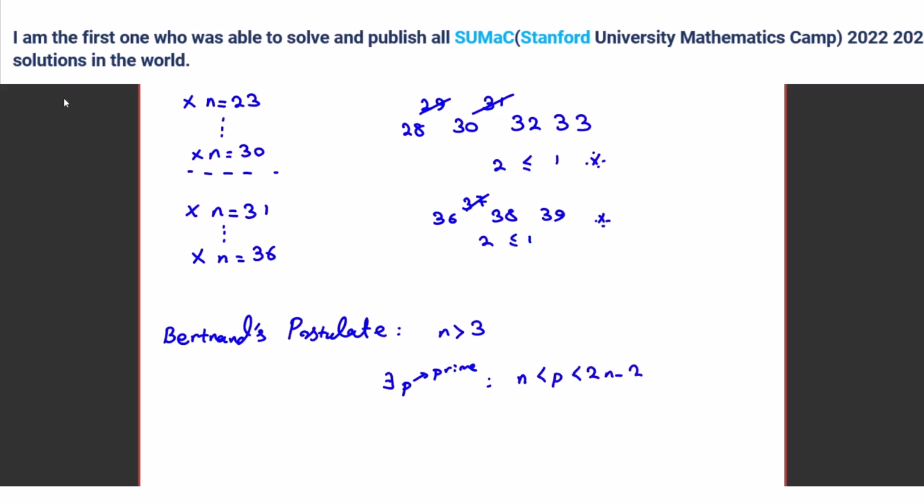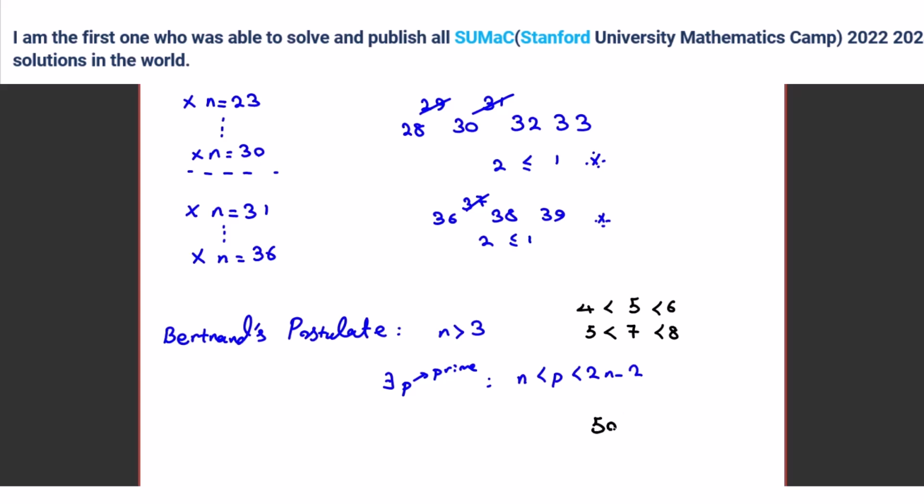Like, for example, between 4 and 8 minus 2, which is 6, strictly between them we have 5 as a prime, right? For example, between 5 and 8, we have 7 as a prime, right?